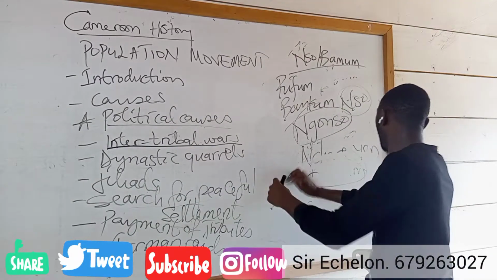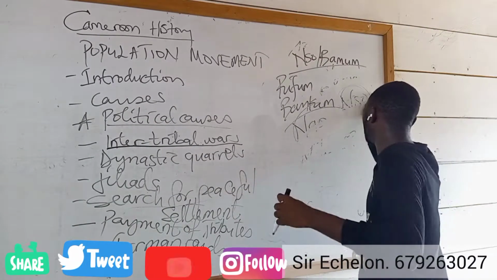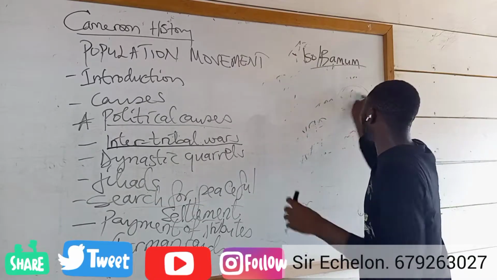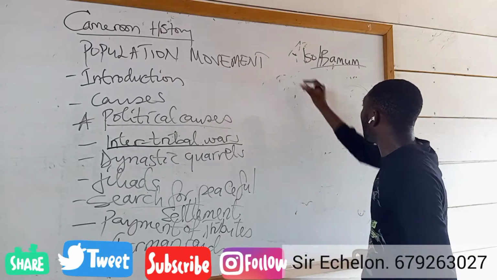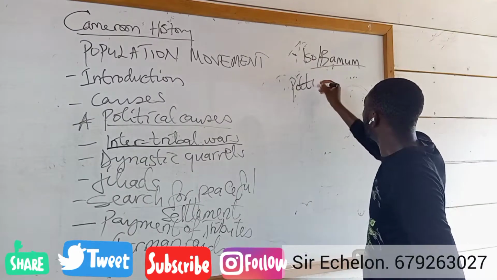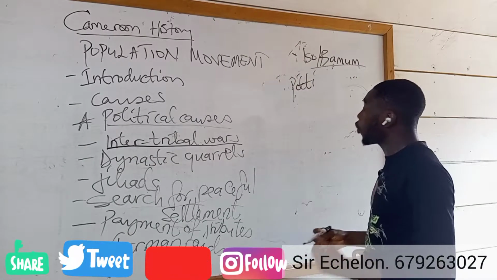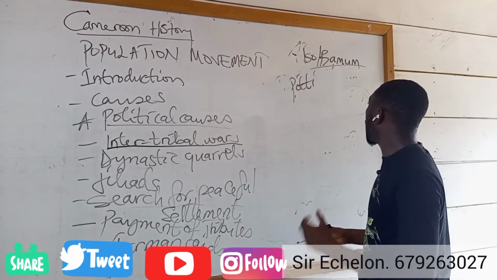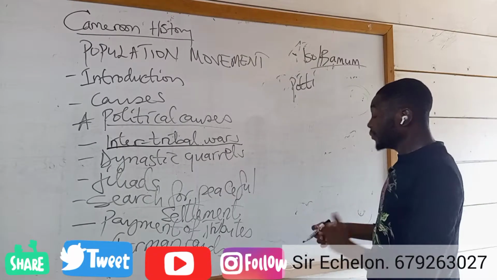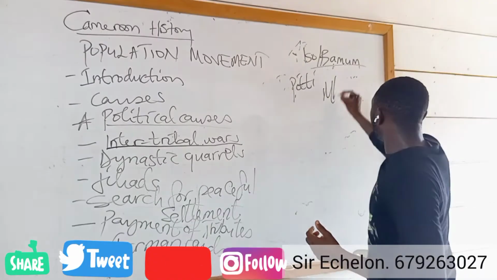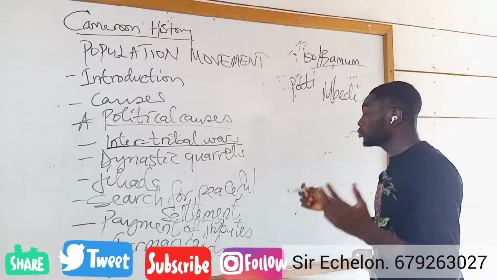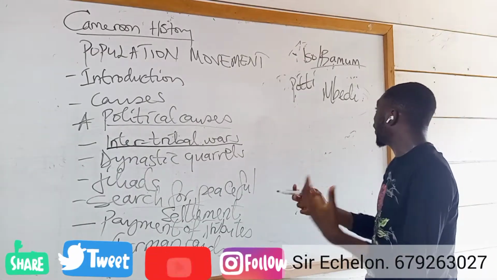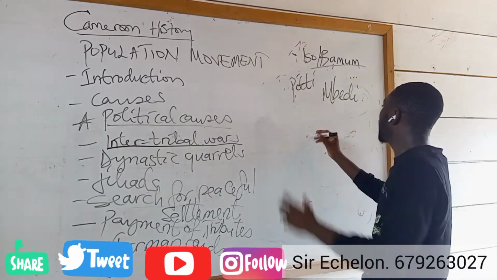Another case in point is the case of the Doualas and the Bakweri. We say that the people of Douala originated in Pitsi in Upper Congo. They left there because their leader Mbenzi died. When Mbenzi died, sons and daughters who wanted to take over the throne had to migrate from Pitsi.